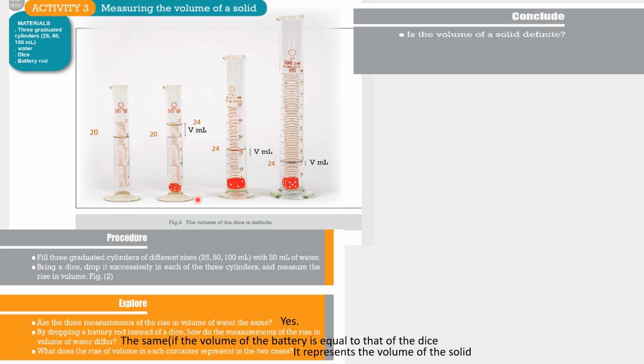After we drop the dice, the volume V2 is 24. To find the volume of the dice, we subtract V2 minus V1, so 24 minus 20, the answer is 4 ml. So, the volume of the dice is 4.